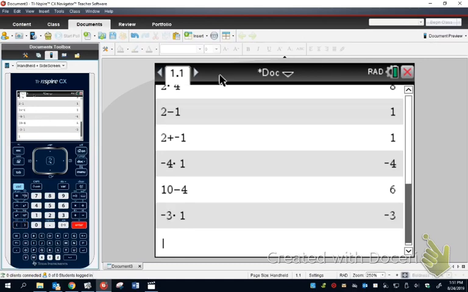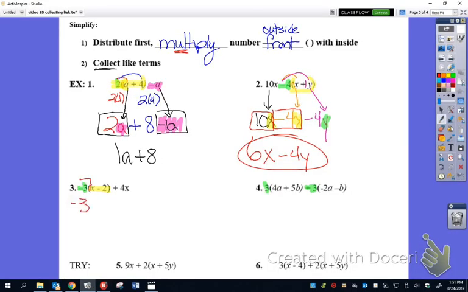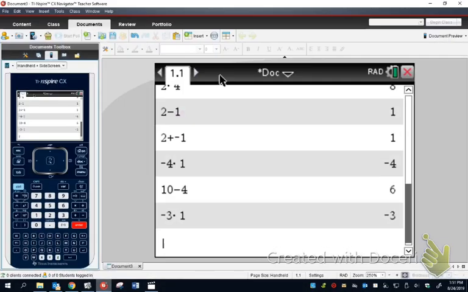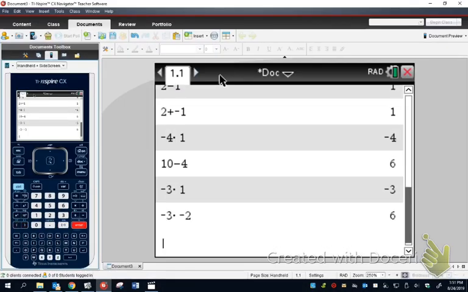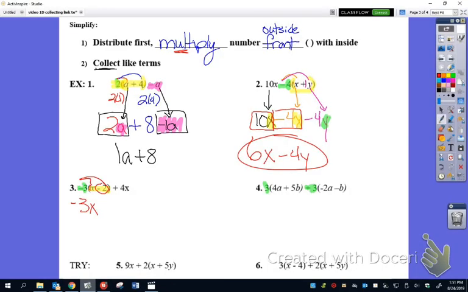Enter, and you get negative 3. So this is negative 3x, and then I'm doing negative 3. I have to do that negative 2, okay? So that's negative 3 parentheses negative 2, which is positive 6. So plus 6. Now that 4x is not inside the parentheses, so you're going to drop it.